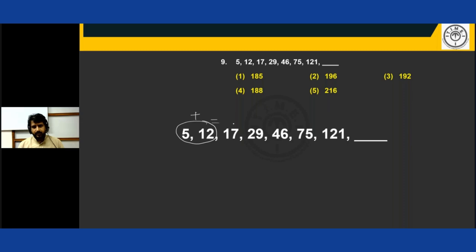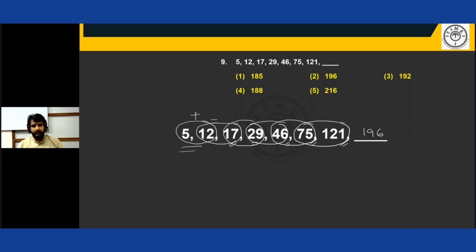5 plus 12 is equal to 17. 12 plus 17 is equal to 29. The sum of two consecutive numbers is the next number. 17 plus 29 is equal to 46. 29 plus 46 is equal to 75. 46 plus 75 is equal to 121. So 75 plus 121 is equal to 196.